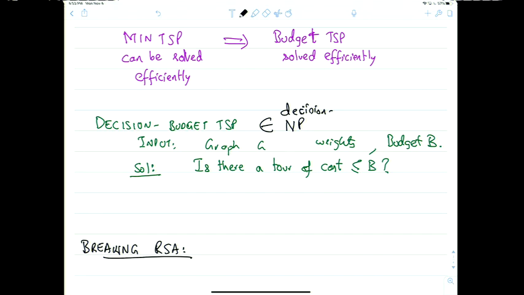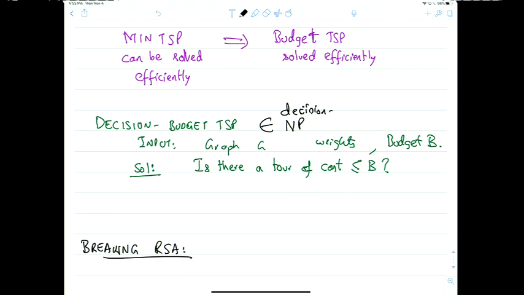In the standard definition of NP that you'd find in many books, an NP problem is always a decision problem, and you can verify the answer to that given a proof for the answer. So meaning someone would write down a tour of cost less than B, and then you verify that the answer is yes. So these are small distinctions in the definitions.